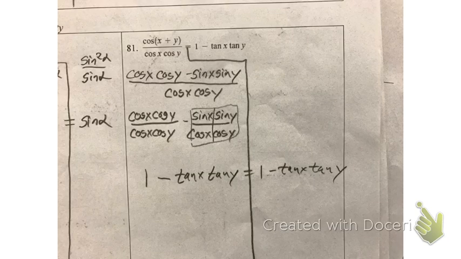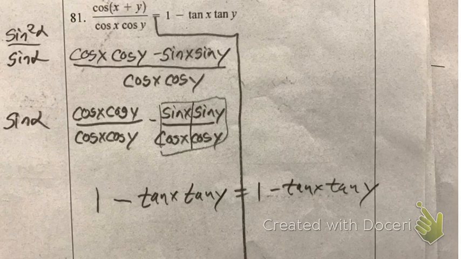So let me just take a picture of it. All right, so this step right here is just me expanding this using that identity guide. Cosine of alpha plus beta equals cosine alpha, cosine beta minus sine alpha, sine beta. So that was just me redoing the top. Bottom stayed the same.